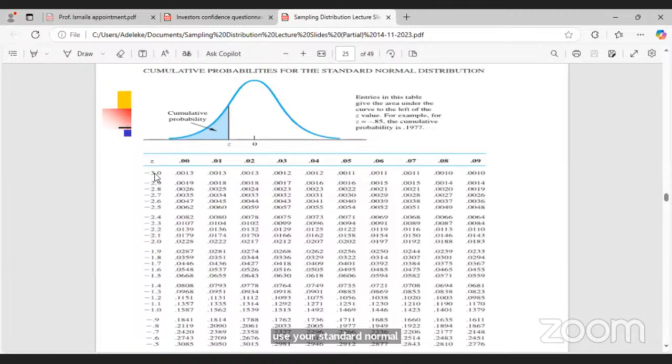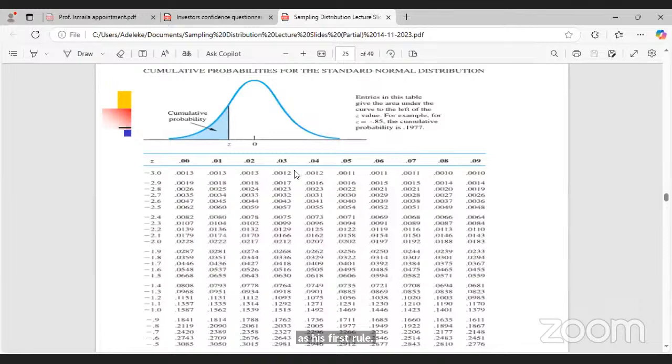Now, that table has in its first row 2 decimal places as its first row. That is the topmost row.